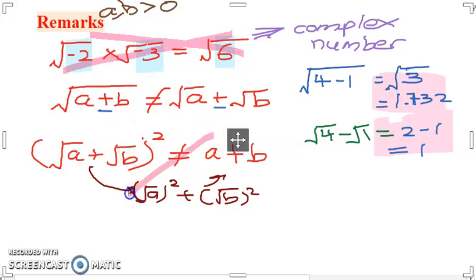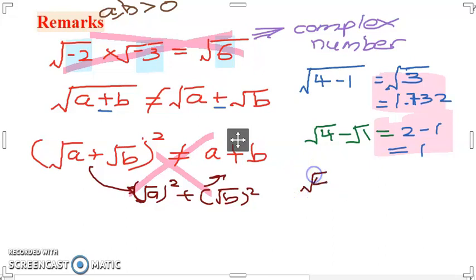This is totally wrong. Again, we can have a simple trial: let's plug in two values, 4 and 1, and see what result I have.